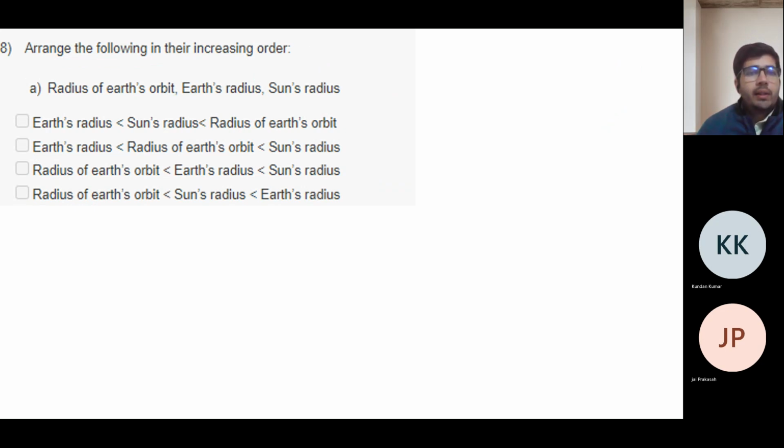Now arrange the following in their increasing order. We are given first the radius of Earth's orbit, then Earth radius, then Sun radius. In the starting slide we discussed that at the center point, suppose this is the Sun. Here is Earth.